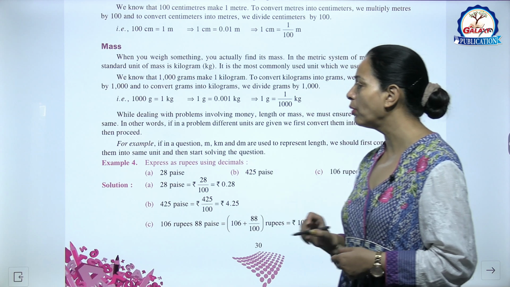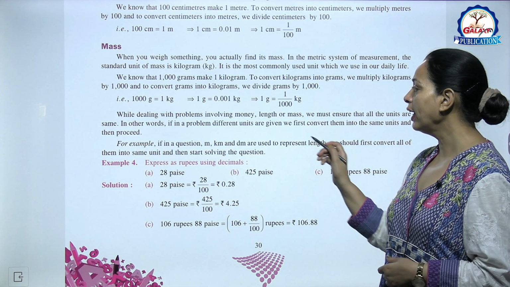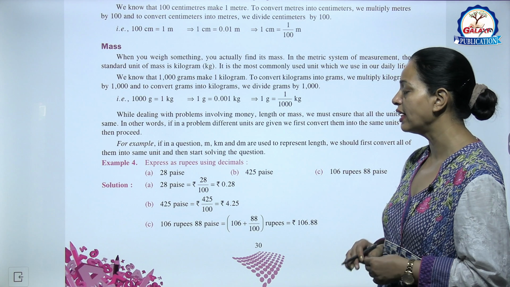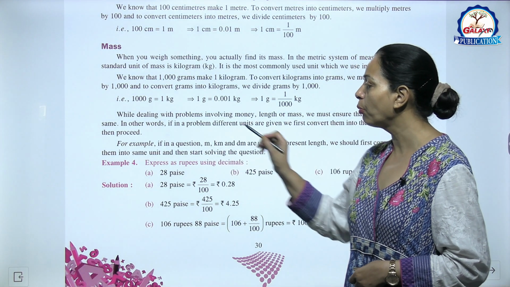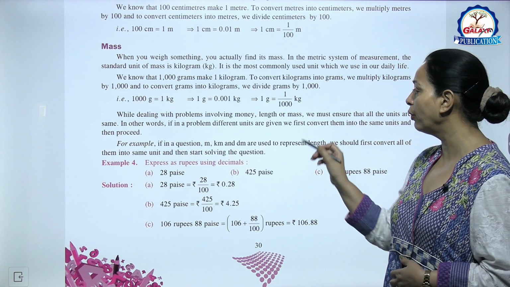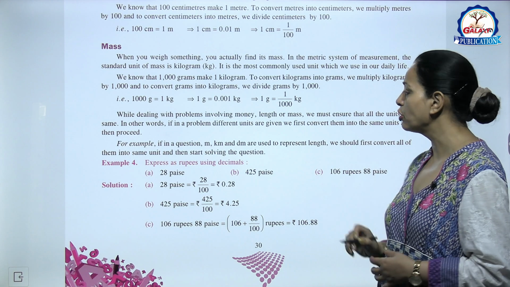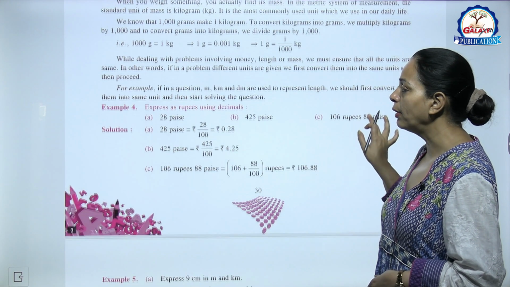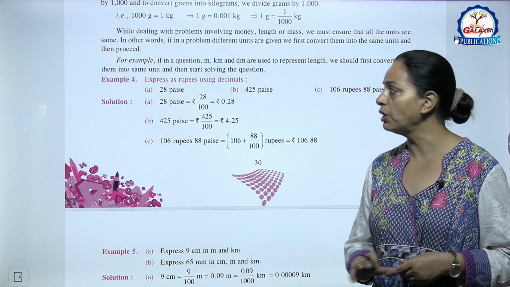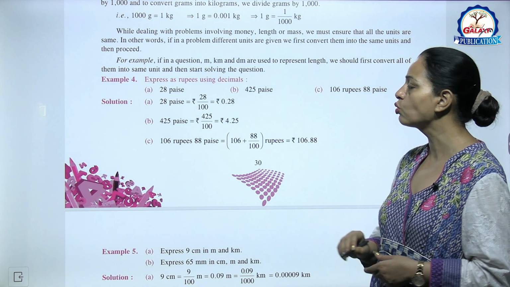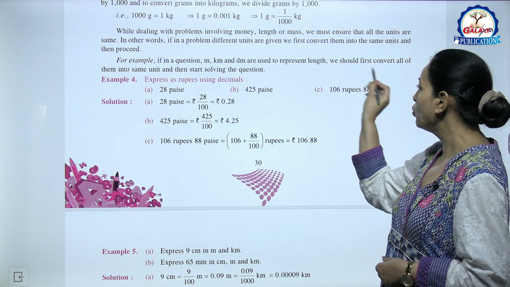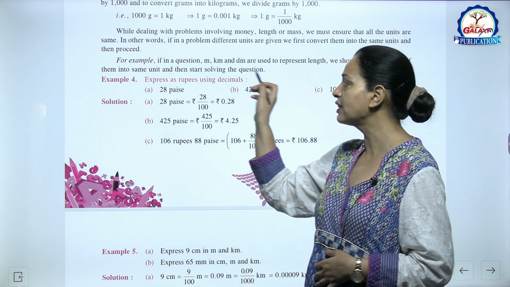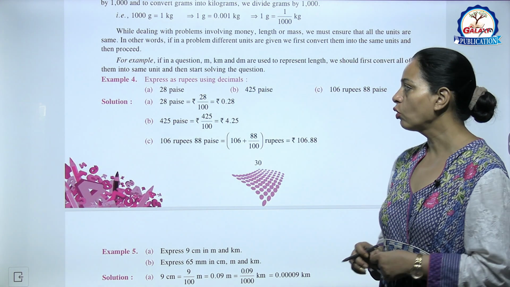While dealing with problems involving money, length or mass, we must ensure that all the units are same. In other words, if in a problem different units are given, we first convert them into the same units and then proceed. For example, if in a question meter, kilometer and decimeter are used to represent length, then we should first convert all of them into same unit and then start solving the question.